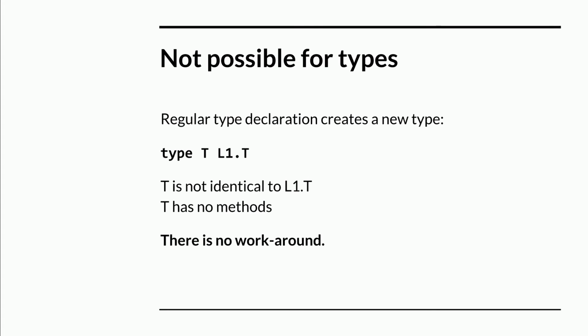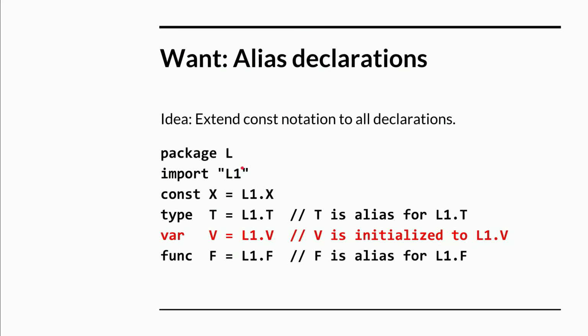This is not possible at all to do for types. If you do a regular type declaration, as you see here, T is actually a new type. It's not the same type as L1.T. And T has no methods. So there is actually no workaround for types. So how do you go about this? What we would really like to do is have some form of an alias declaration which basically says this is the same thing as this.